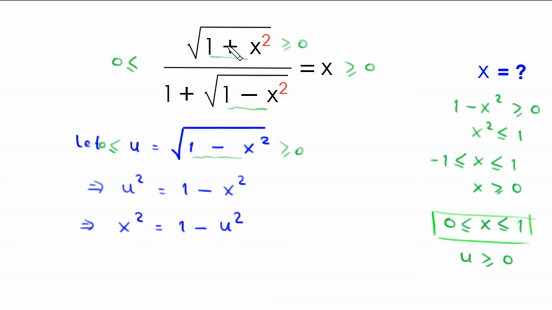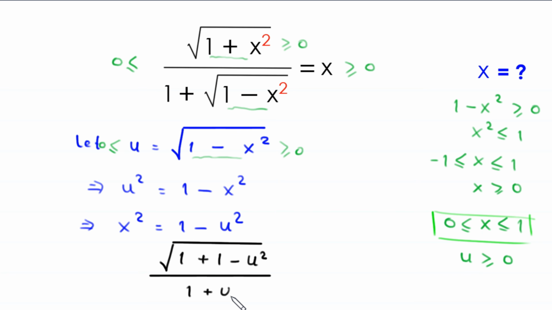So the original equation becomes the square root of 1 plus, in place of x squared, 1 minus u squared, divided by the denominator 1 plus u, equals x.